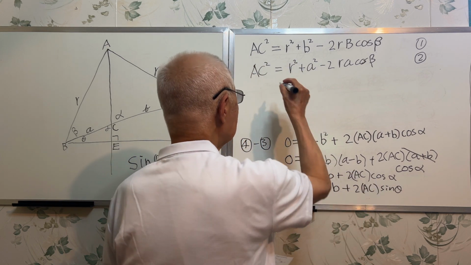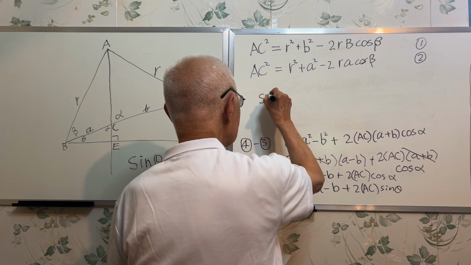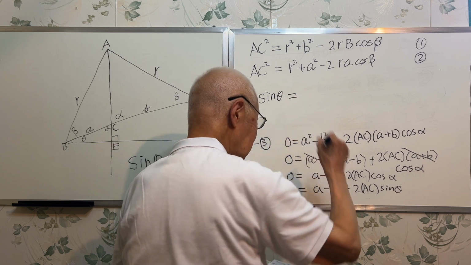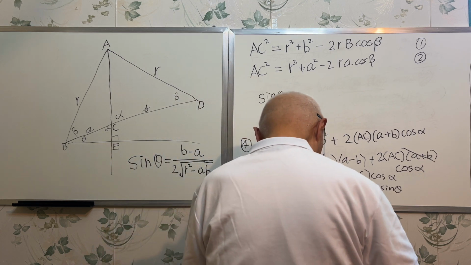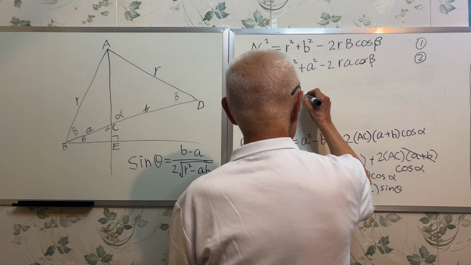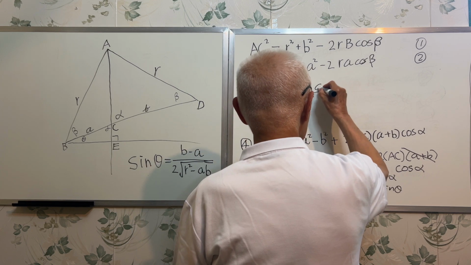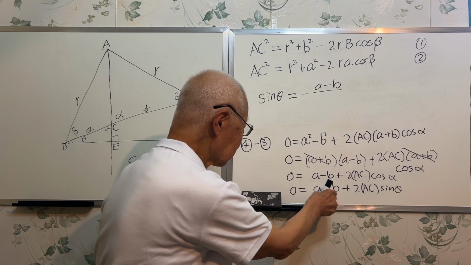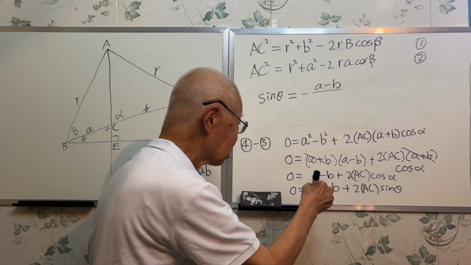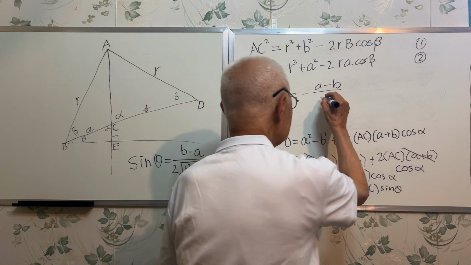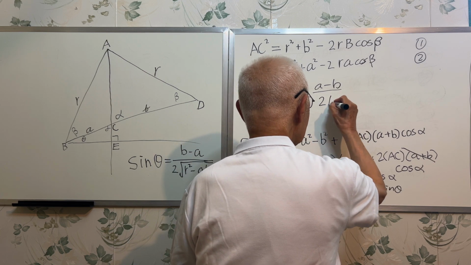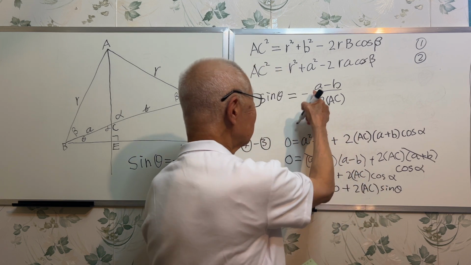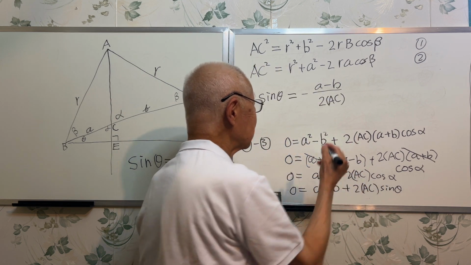Isolate sine theta. Sine theta is equal to negative a minus b here. Move this to the other side, it's negative a minus b. Divide by 2AC now. But negative a minus b is just b minus a.